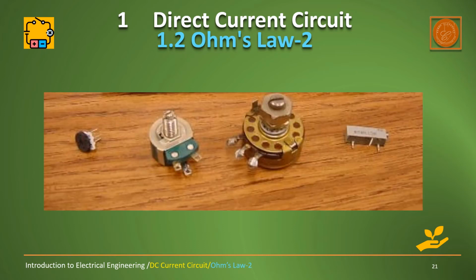Variable resistors must have some physical means of adjustment, either a rotating shaft or a lever that can be moved to vary the amount of electrical resistance.